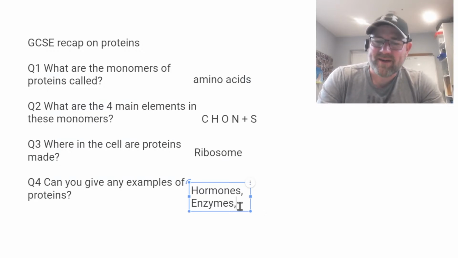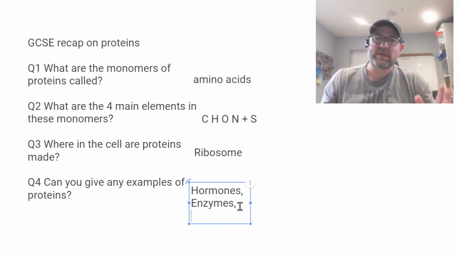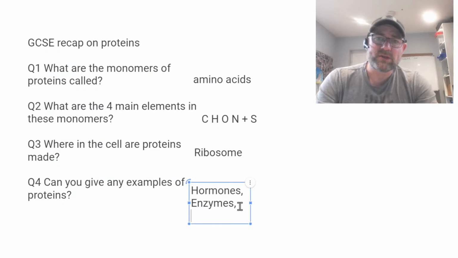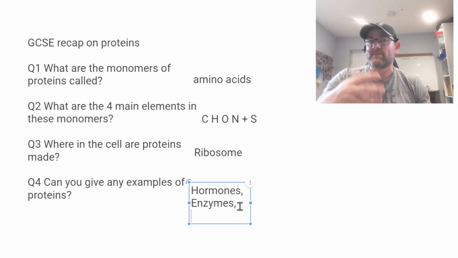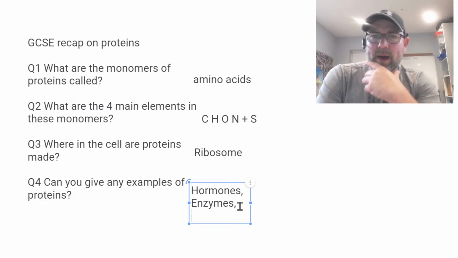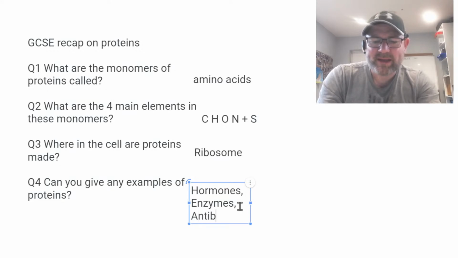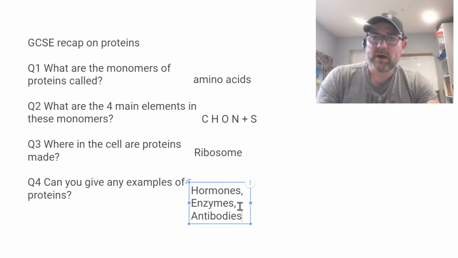We have enzymes. You remember your enzymes, protease, lipase, amylase. These are digestive enzymes. There's also enzymes for building things as well, which you learn more about in A-level. So enzymes are proteins. We also have antibodies. Those are proteins. You remember the antibodies, part of the immune response.